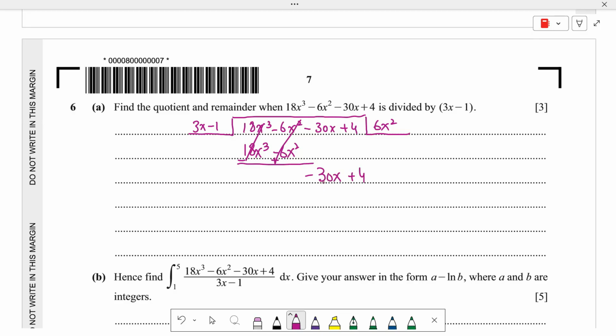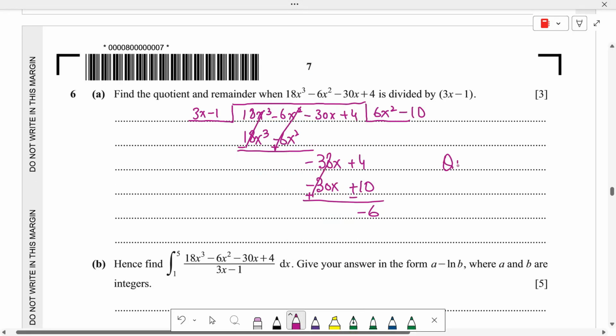To make negative 30x, 3x should be multiplied with negative 10. So 3x times negative 10 is negative 30x, and negative 1 times negative 10 is positive 10. So we have positive, negative, and this one will be equal to negative.